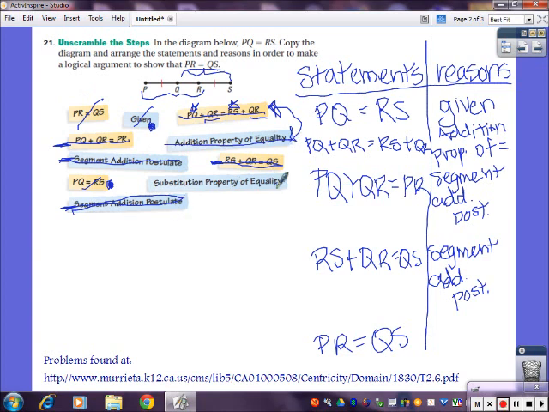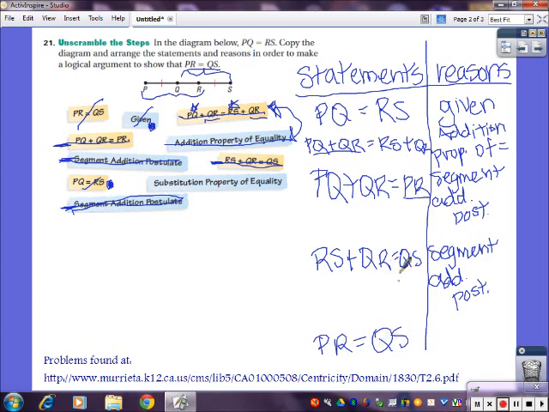All right. So that narrows it down to one last thing. Substitution property of equality, and before I write it, I'm going to check if it makes sense. So PR equals QS. PR, if I go up here, here's PR, and then PQ plus QR is right here. So it is substitution because I took this out and put PR in its place down here.